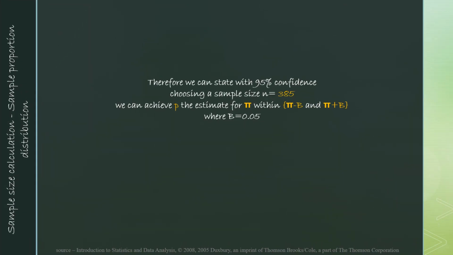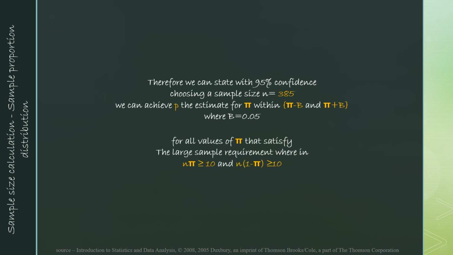Therefore, we can state with 95% confidence that by choosing a sample size n as 385, we can achieve P, the estimate for pi, within pi minus B and pi plus B, where the bound on the error estimation B equals 0.05, for all values of pi that satisfy the large sample requirement, wherein n pi is greater than or equal to 10 and n multiplied by 1 minus pi is greater than or equal to 10.